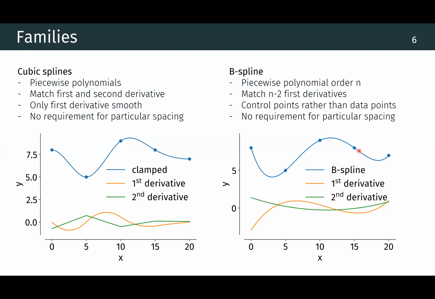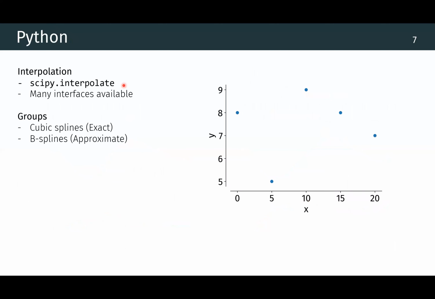Let's maybe talk about the overall Python picture on how to do that. So again, scipy has these different submodules. We had optimize from scipy, we had integrate from scipy, now it's scipy interpolate.